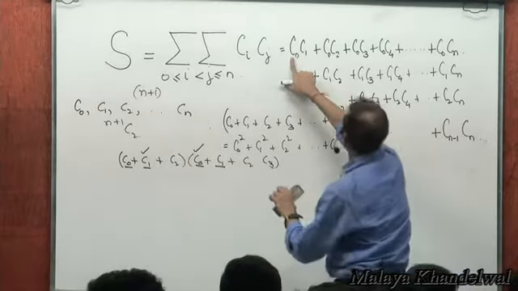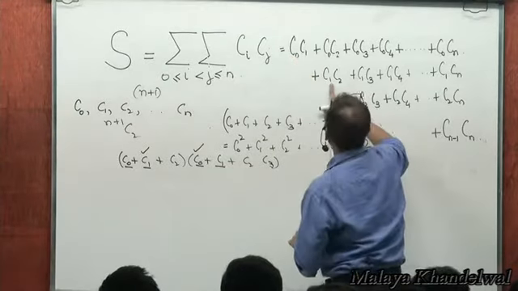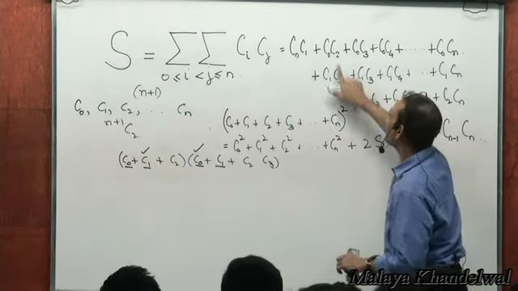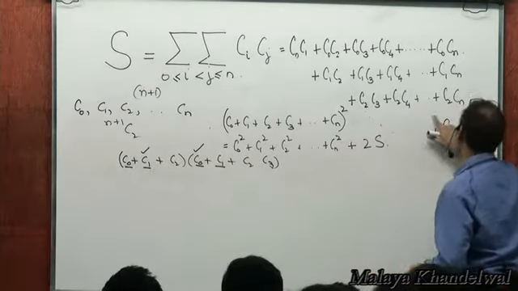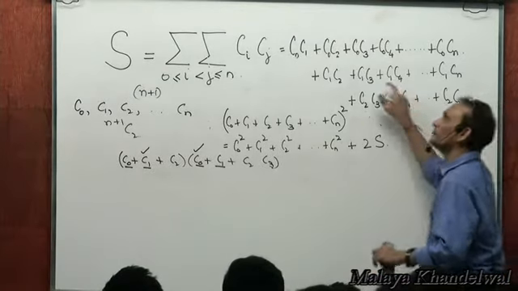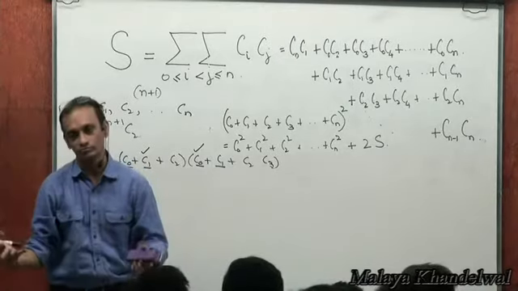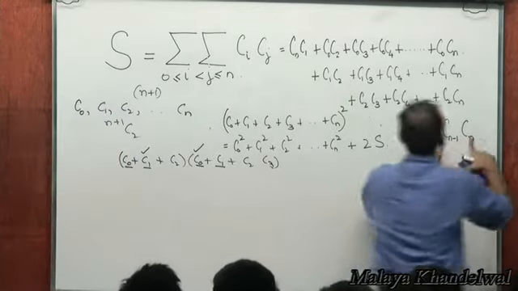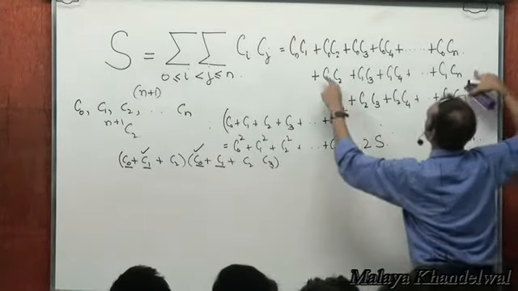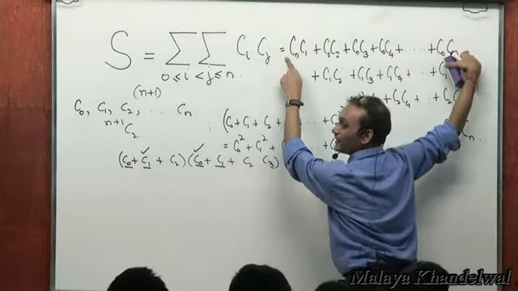Yeah, you see there are n terms here, there are n minus 1 terms here, so n plus n minus 1 plus n minus 2 plus n minus 3 up to 1. So 1 plus 2 plus 3 up to n, which is n into n plus 1 by 2, which is the same as n plus 1 C2. See, one term here, then there will be 2 terms, then 3 terms, then 4 terms, and there will be n terms here.